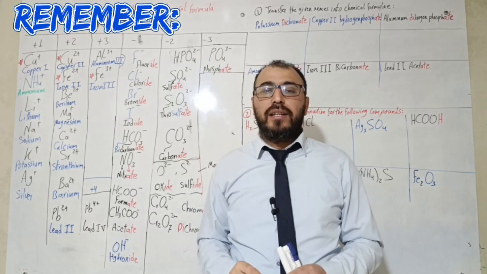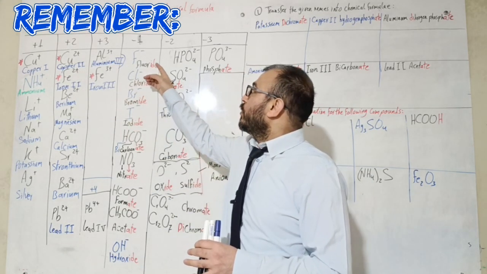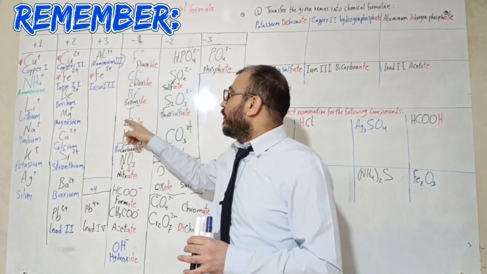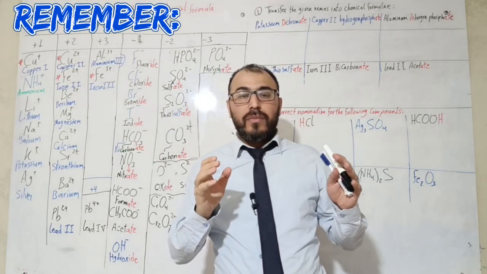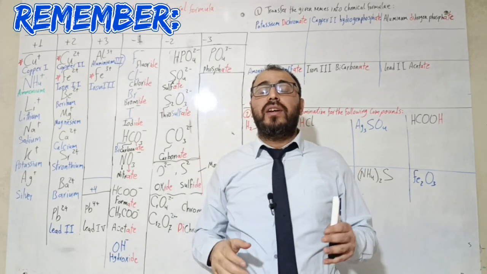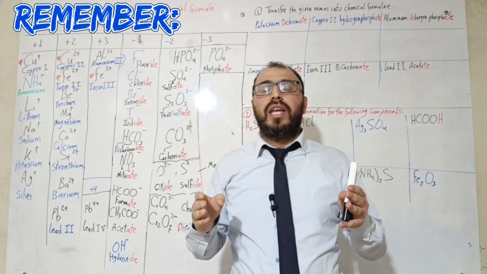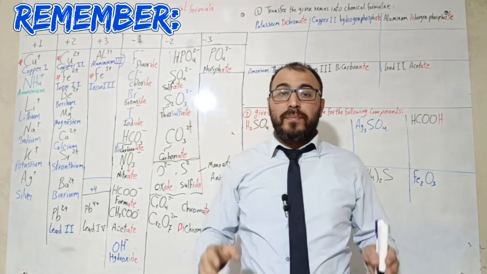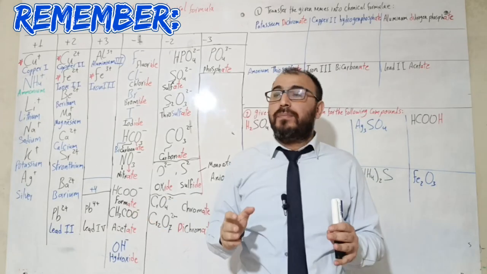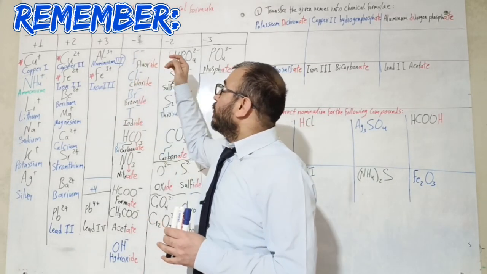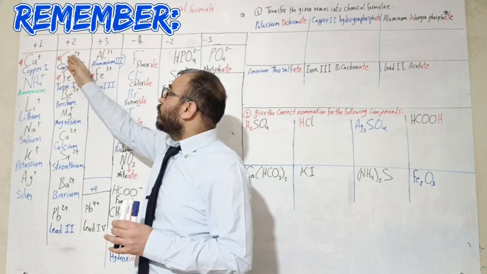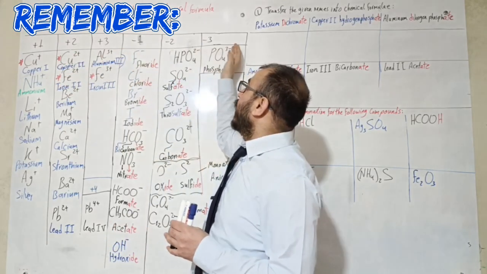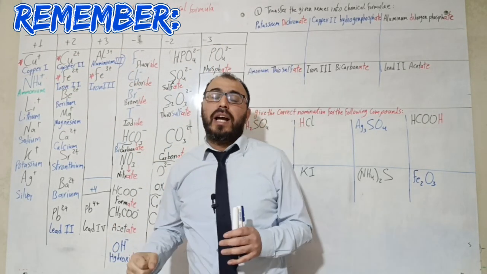My friends, we started by defining the ion, and we said that an ion could be one atom or a group of atoms that has a charge. And we said that we classify the ions in two terms. The first one depends on the charges, and we said that we have two types. The positive ions we call cations, while the negative ions are called anions.